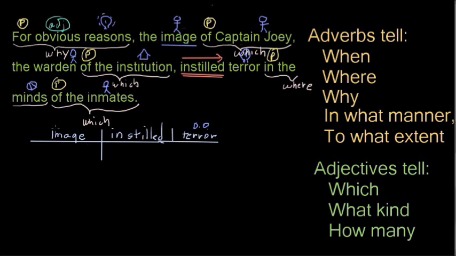Okay, now let's start putting these prepositional phrases around. For obvious reasons, we determined was a why. Why is under adverbs, so we will put our why here. And it's for reasons.